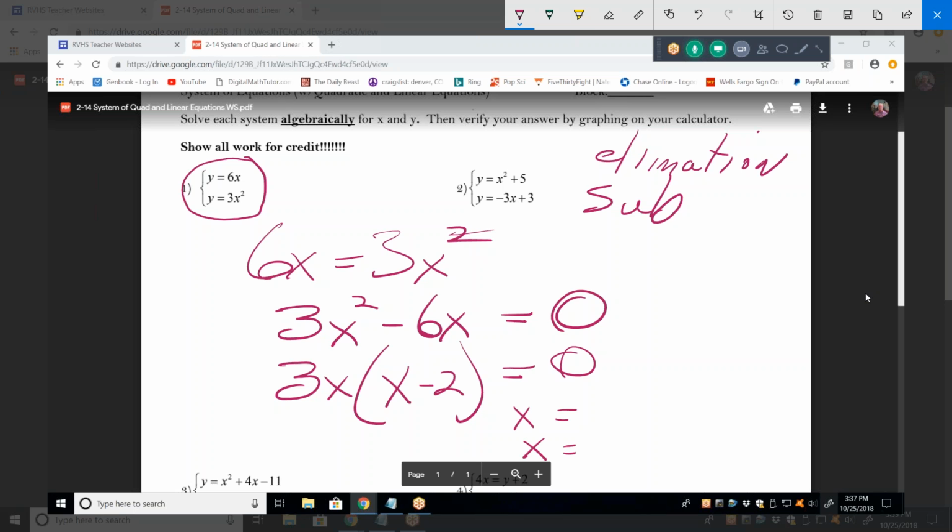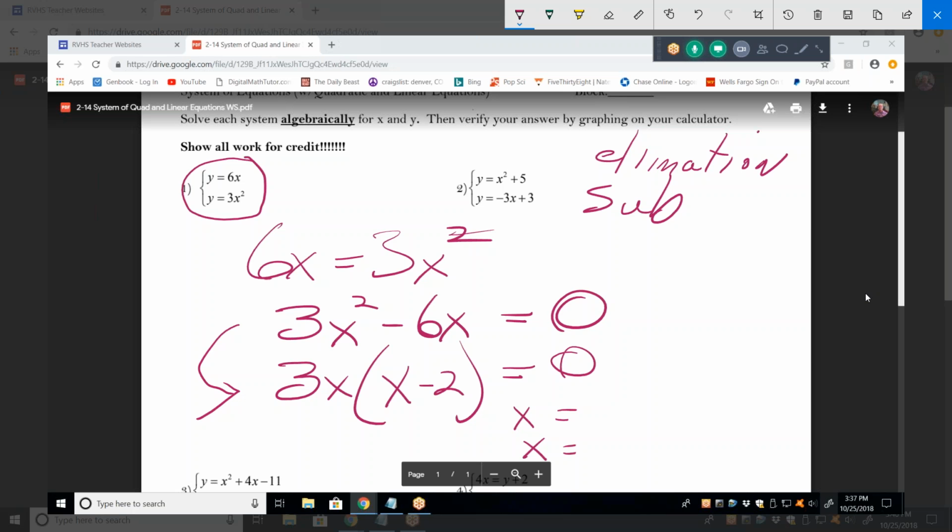3x squared minus 6x, isn't that? Hold on. Don't go backwards. There's a reason we went from that step to that step. Once you get to this last step, you have two things multiplied together that are equal to 0. Therefore, each thing is equal to 0.